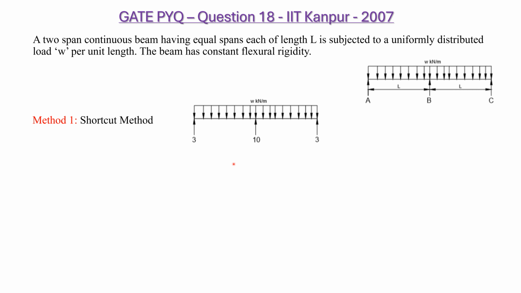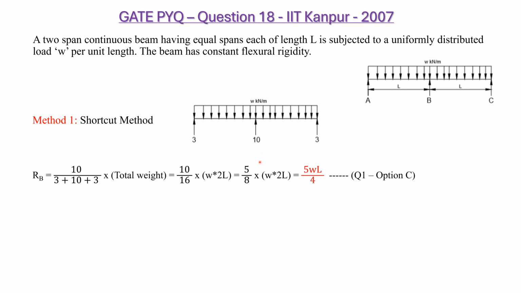Let us go ahead and find for the question number 1 what is the reaction at the mid support. So reaction here it will be equal to RB, that we can find as proportion of this reaction is 10 out of total proportion, that is 3 plus 10 plus 3, that is 10 divided by 3 plus 10 plus 3, and that is multiplied by total applied weight, that is equal to W into 2L here. 10 is as it is in the numerator, in the denominator it is 10 plus 3 plus 3, that is 16.